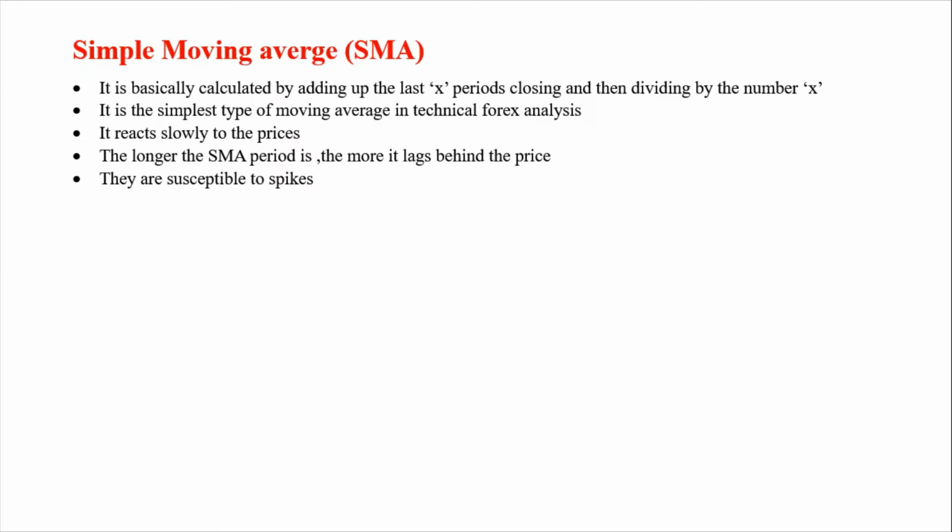Also, the longer the simple moving average period is, the more it lags behind. Why? Because if you are covering very many candles, and remember, the simple moving average adds the closing prices and divides them by a certain number of candles, then if the period is long, it will react very slowly and will be lagging behind the price.